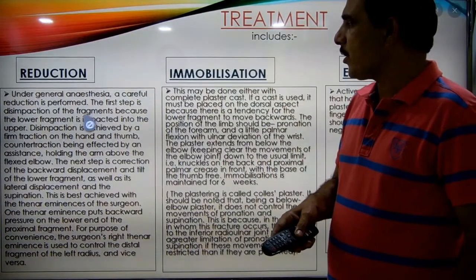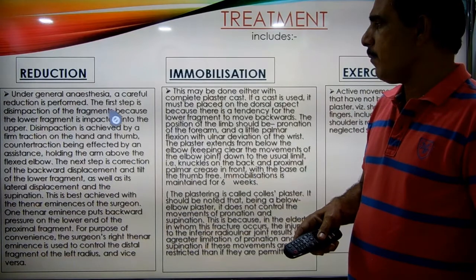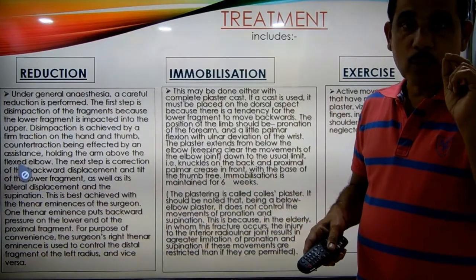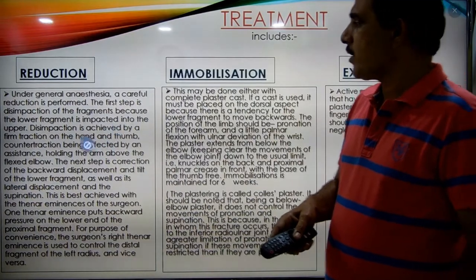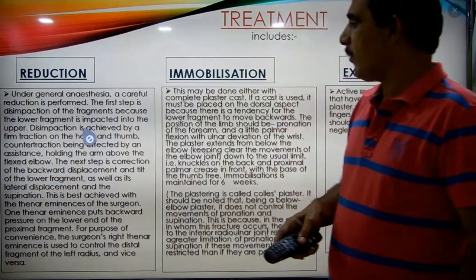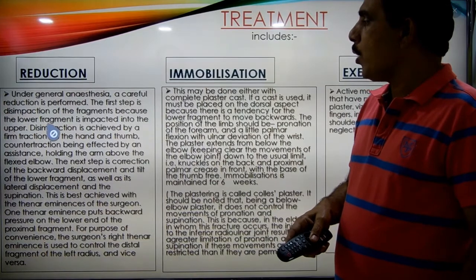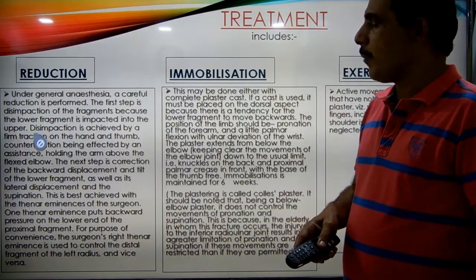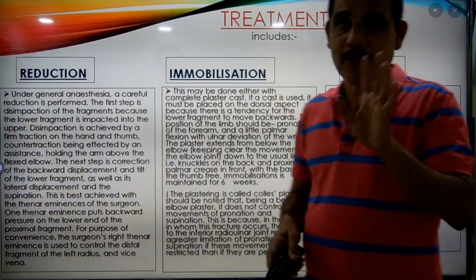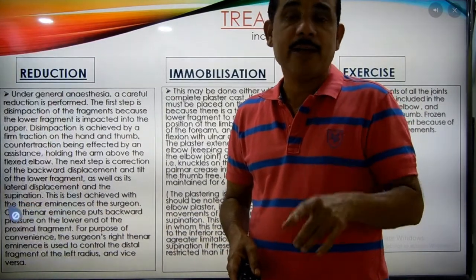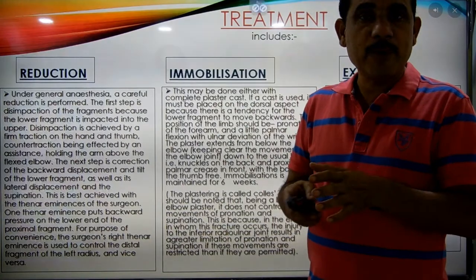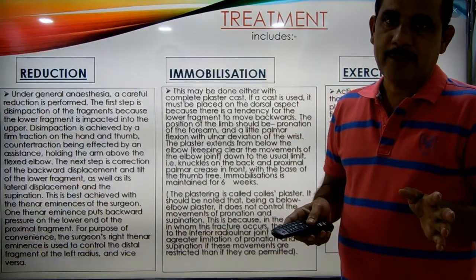A careful reduction should be performed. The first step is disimpaction of the fragment, because the lower fragment is impacted into the upper. But remember, not always. In some cases it may be impacted, and if it is impacted, it should be disimpacted.